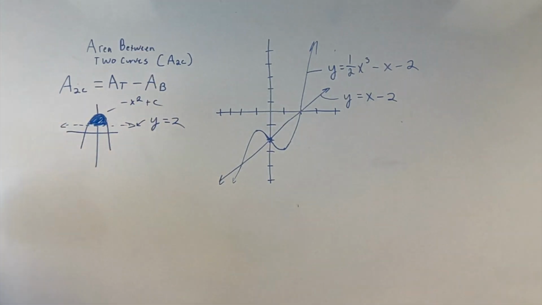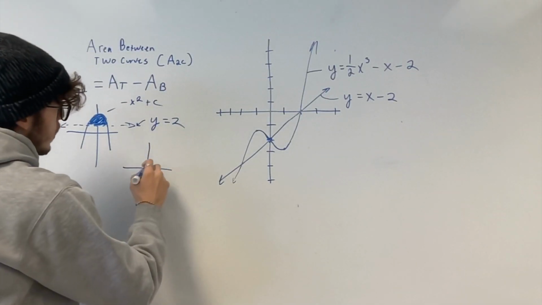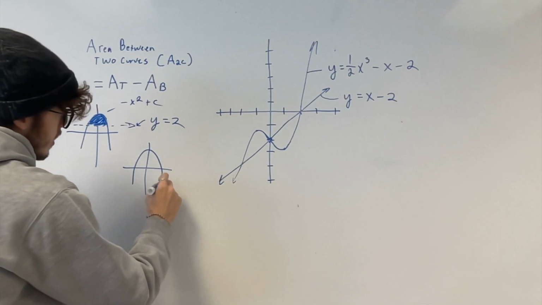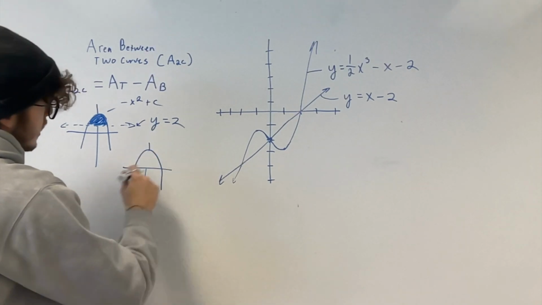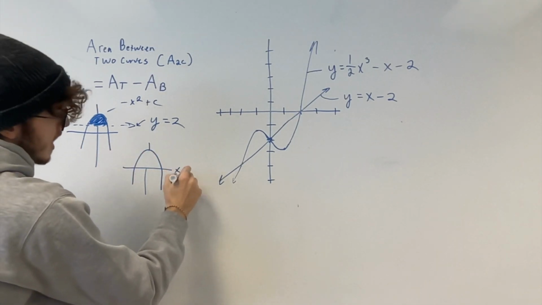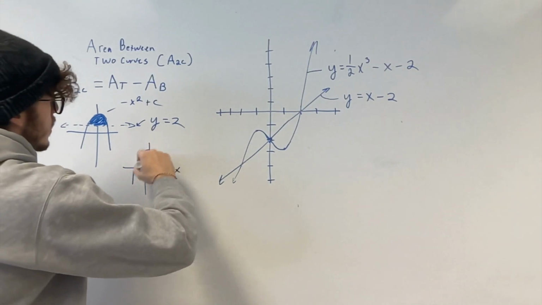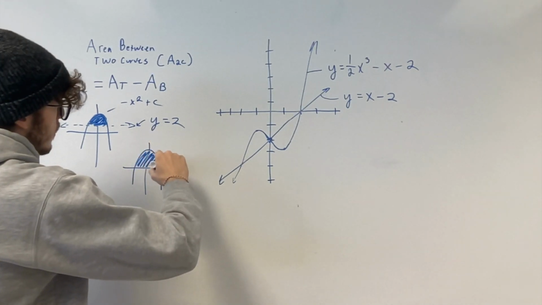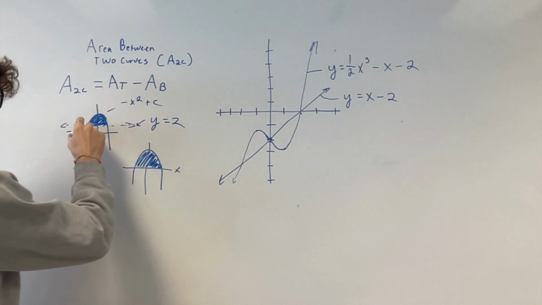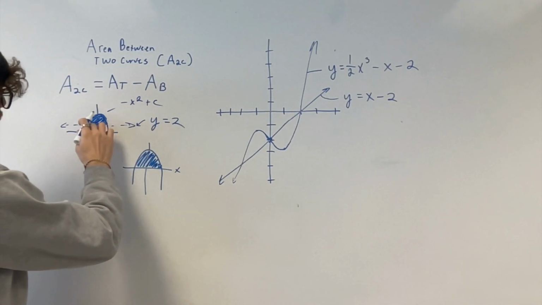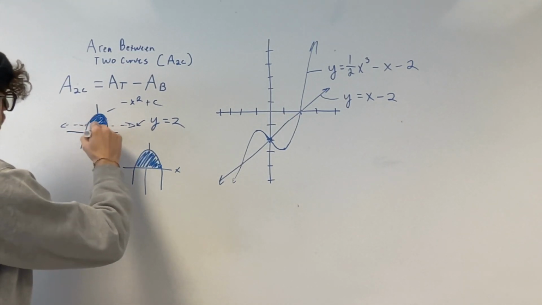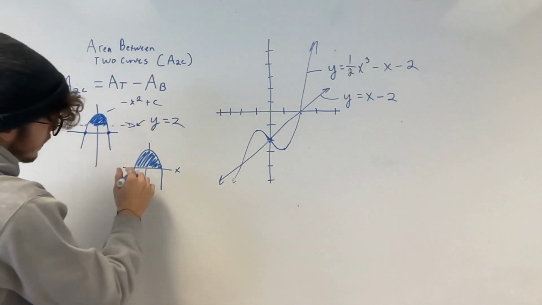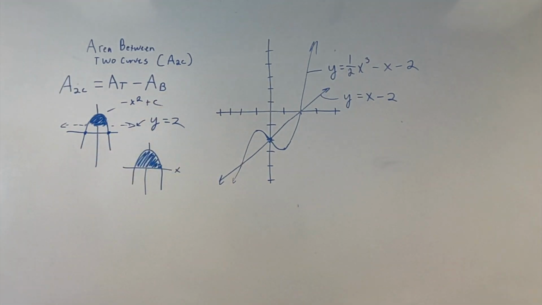If I take the integral of negative x squared plus c, it finds the area of the entire section with respect to the x-axis. When you find the definite integral between this value and this value, it finds the area with respect to the x-axis.